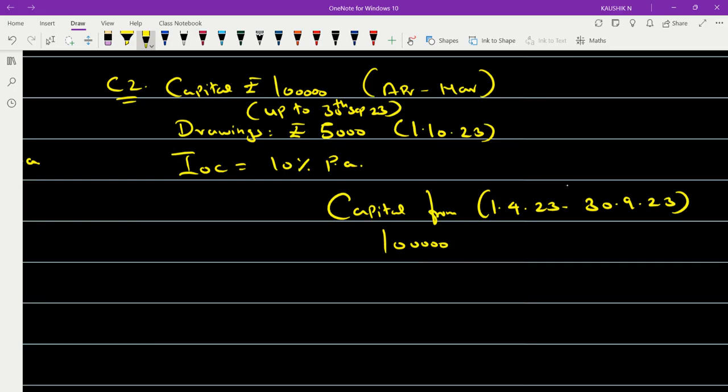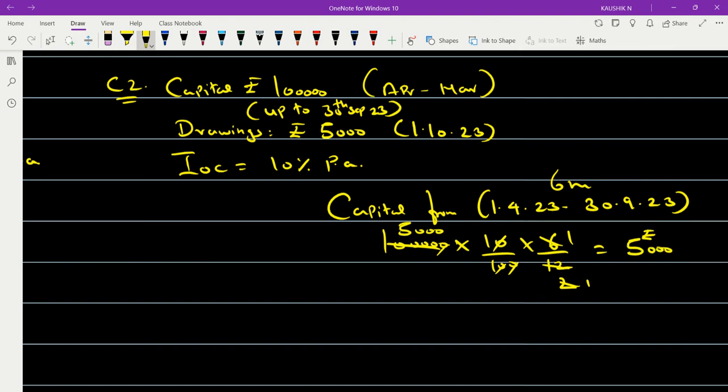April, May, June, July, August, September. So for 6 months. So for 1 lakh, at 10 percent, for 6 months, you'll calculate the interest first.